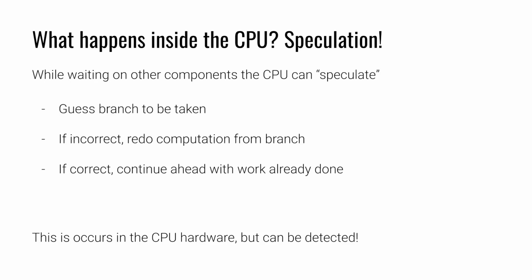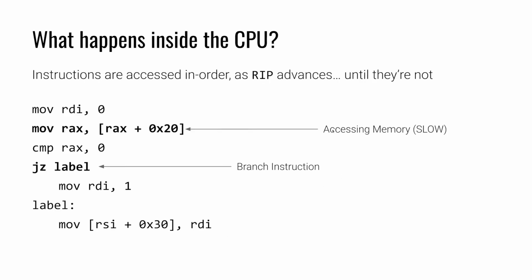Typically, memory access is the one that causes this. The CPU will speculate. Instead of waiting up here, where it's slow, the CPU will just say, okay, the only thing I care about is whether RAX is 0, so we'll assume RAX is 0. Then while we're waiting for the memory, we'll compare RAX with 0.